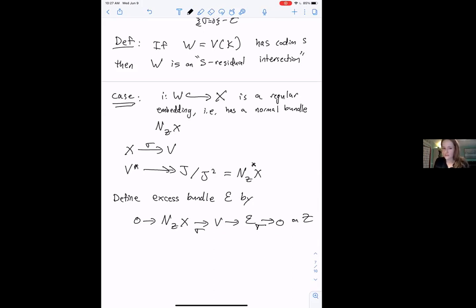And the contribution to the Euler number of V sigma is the push forward of the Euler class of this excess bundle.